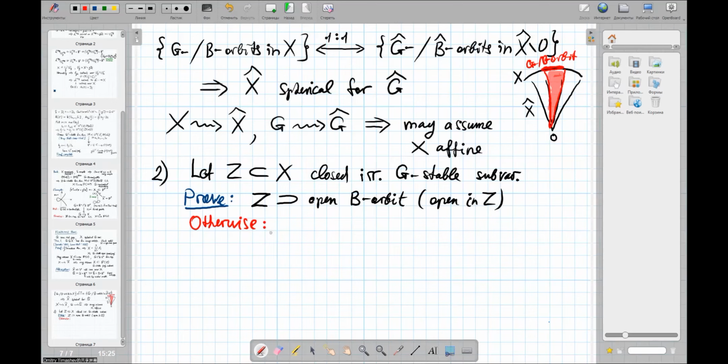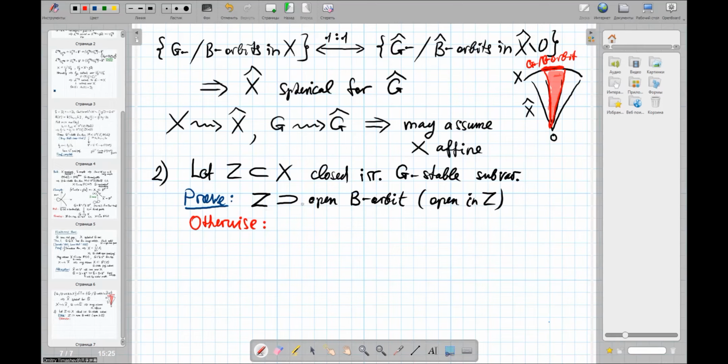I can say that an affine G variety is spherical if and only if the representation of G in the coordinate algebra of this variety Z is multiplicity free. The proof is exactly the same. Nothing changes.